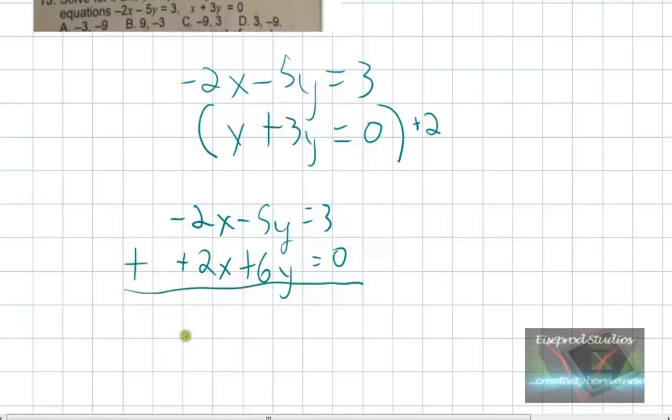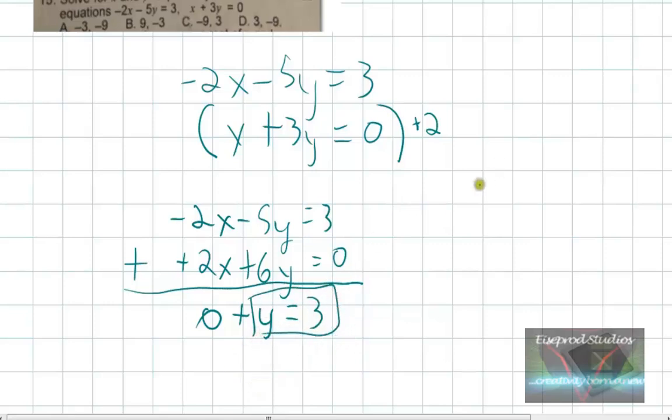What happens is that the negative 2x and the 2x add up to 0. And then negative 5y plus positive 6y is just 1y. And this would be 3 plus 0 is 3. So now here we go, y is equal to 3.